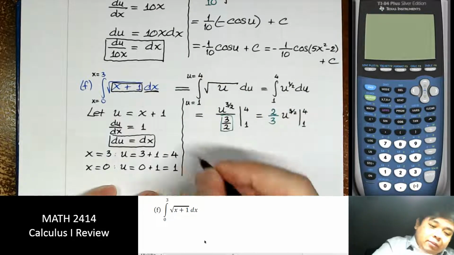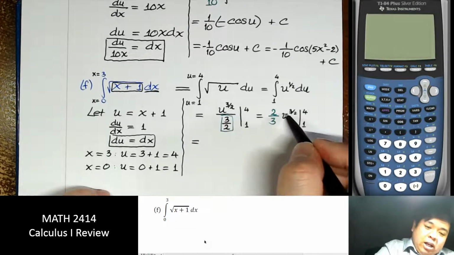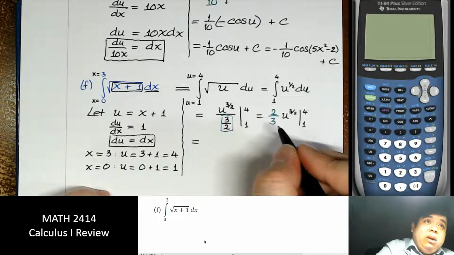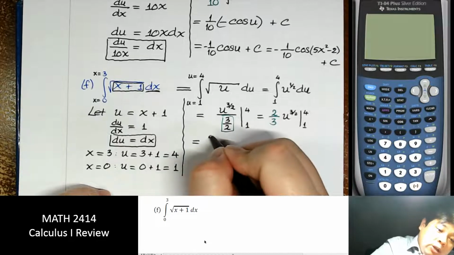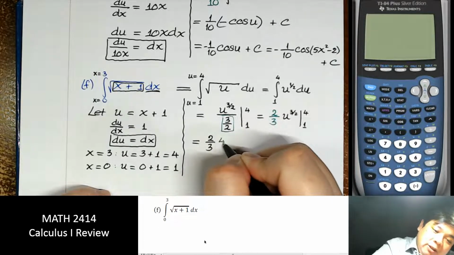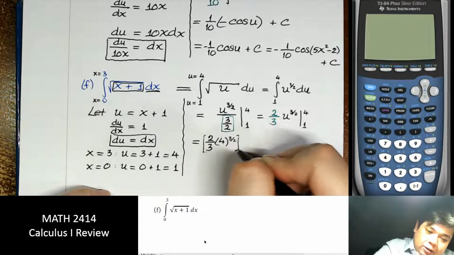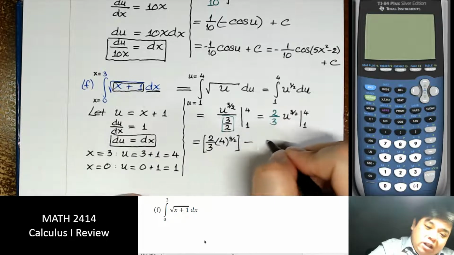Right. So fundamental theorem of calculus, put in the upper limit, then put in the lower limit, and subtract those two. So I'm going to put 4 in to the 3/2. And then subtract.